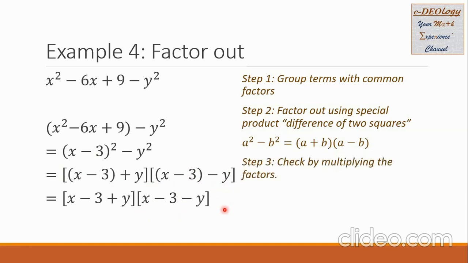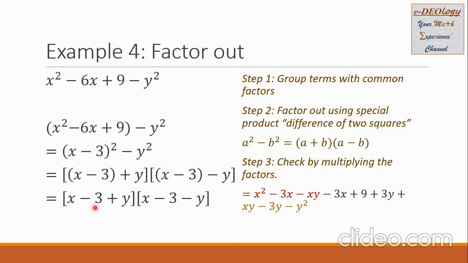So step 3, we're going to check by multiplying the factors if these are correct. If I take one term each from this group and multiply to the other group, this will be the product. So x times x will be x squared. X times negative 3 is negative 3x. X times negative y is negative xy.